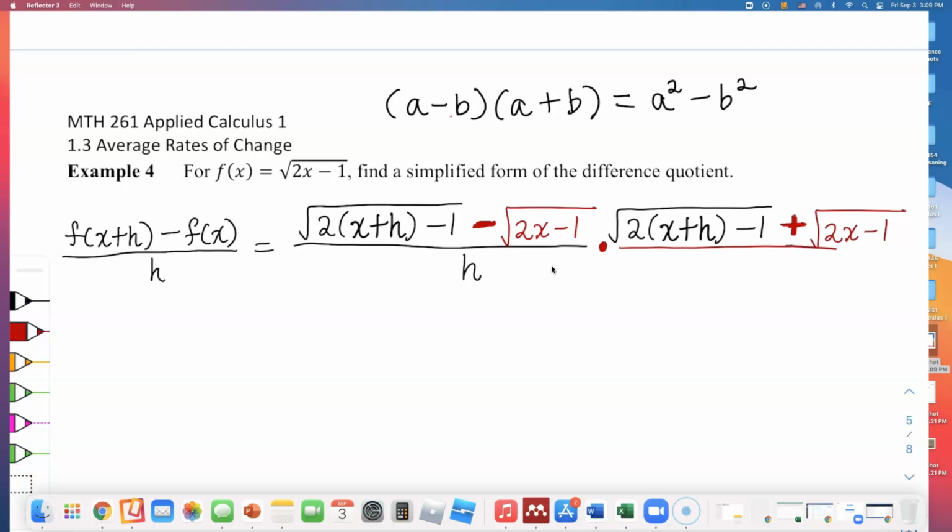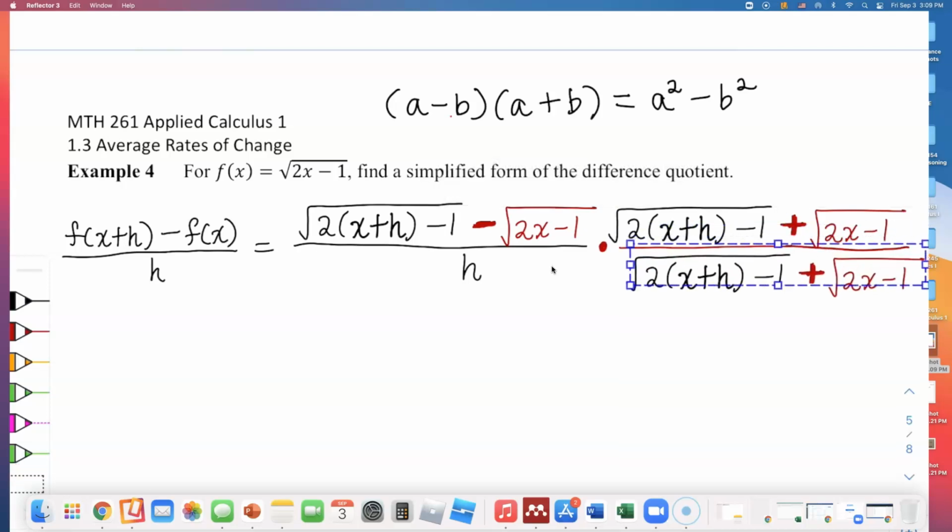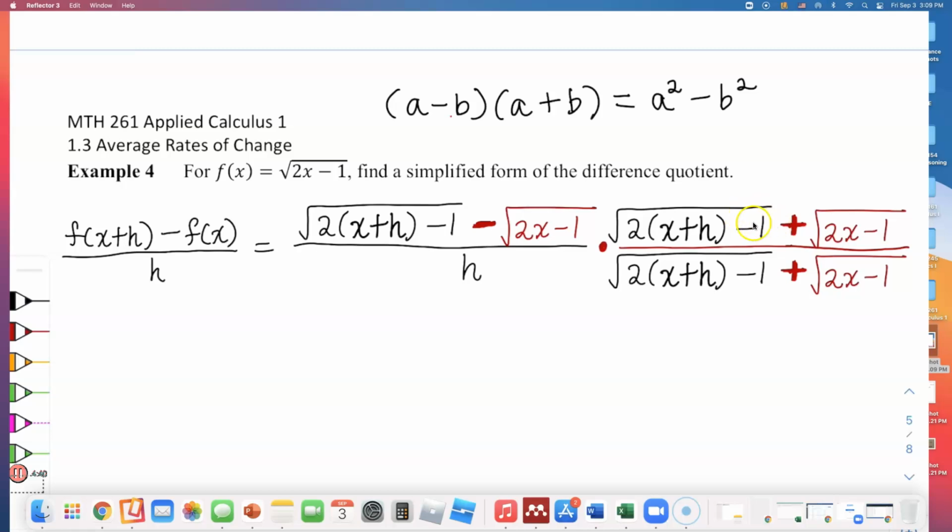And if I'm multiplying that to the numerator, I need to multiply the same exact thing to the denominator, right? Because anything over itself is 1. So by multiplying something by 1, I'm not really changing its value. I'm just making it look different, right?